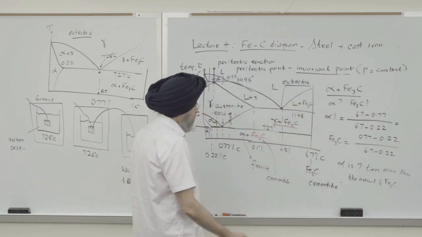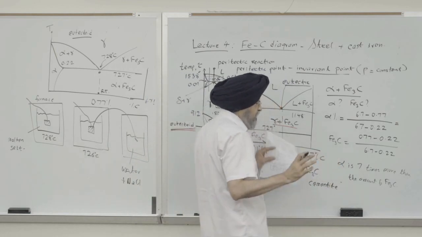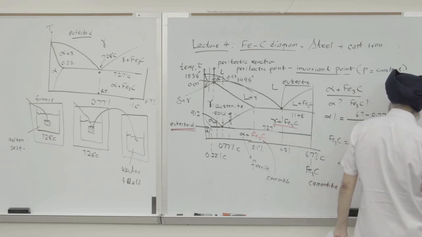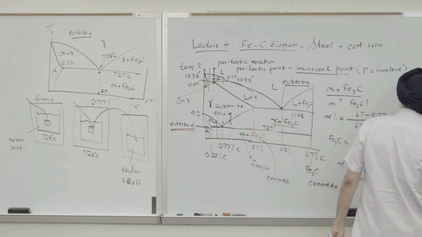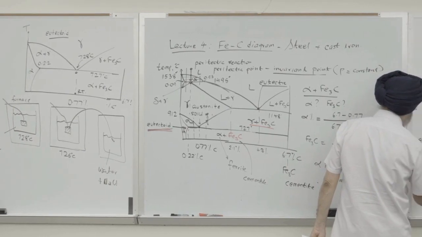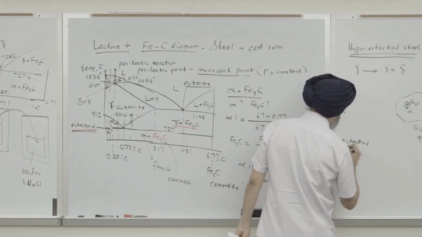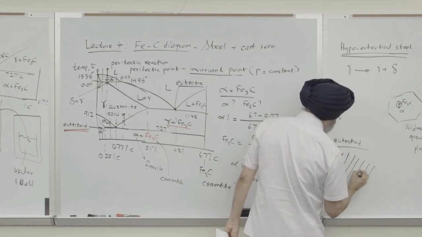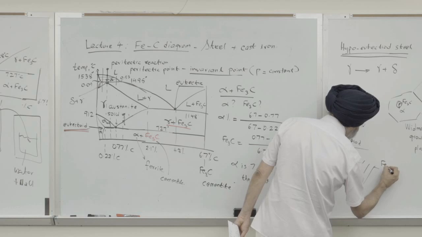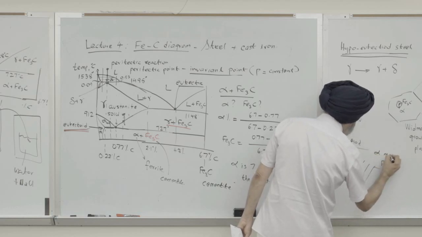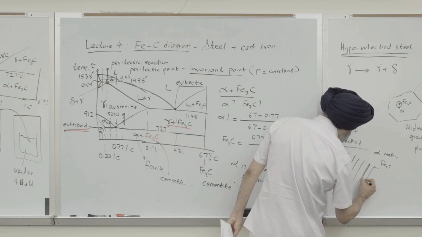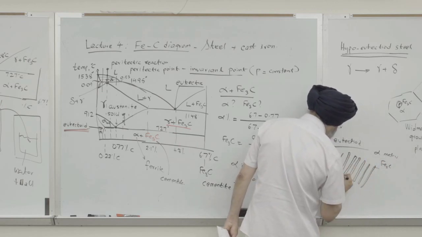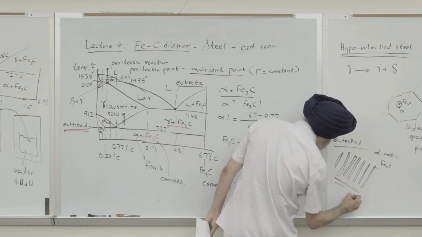So now, of course, they have different densities, but if the densities were the same, so we haven't discussed what this eutectoid structure looks like, but it basically has lamellae plates of Fe3C in a matrix of alpha. So these plates have thickness, and some plates will go like this.